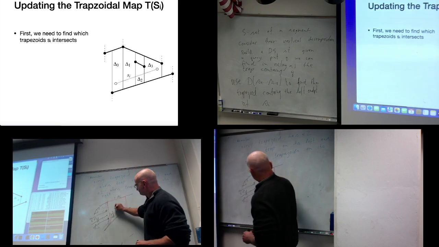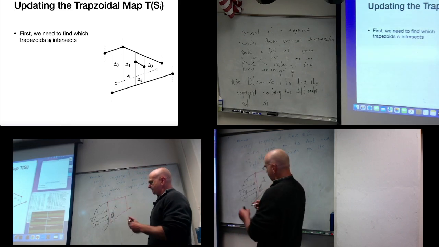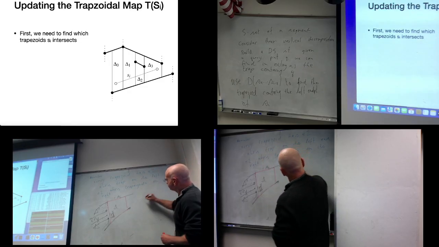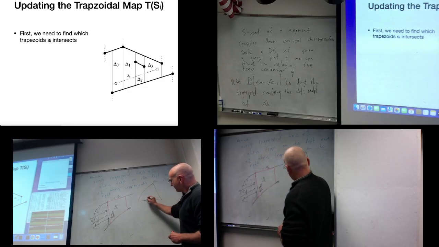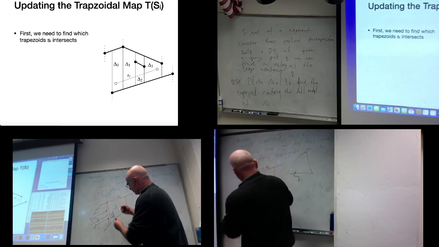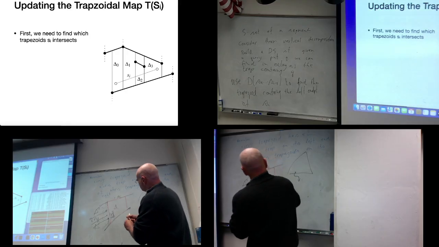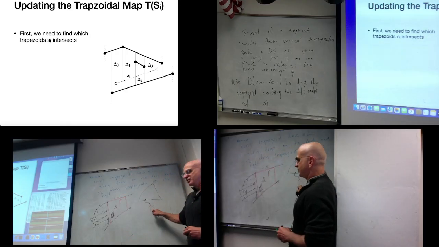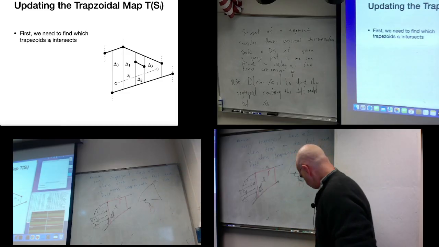Here is delta in red, one single nice trapezoid. And in my data structure, even though it's not a tree, this trapezoid, let's call it F, was a single node.